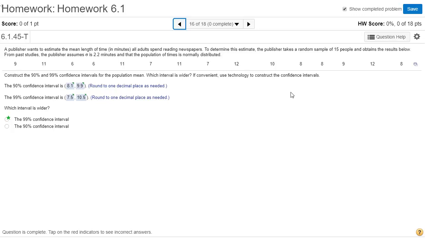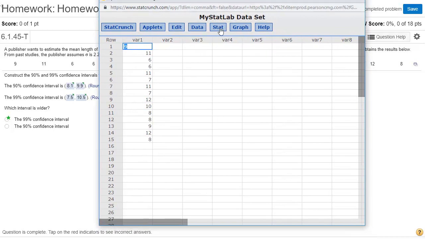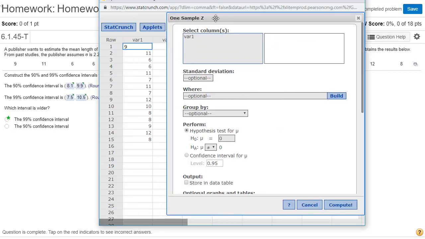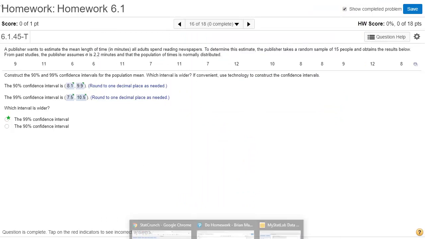Now we can do the same thing if we're just given the raw data set. For the raw data set, I would click over here to open in StatCrunch. I'd open my data set in StatCrunch, and then I go back to Stat. I'm going to do a Z-stat. I have one sample, and in this case I have the actual data, so I'm going to choose with data. The data is in the var1 column, and I am told that the population standard deviation is 2.2.